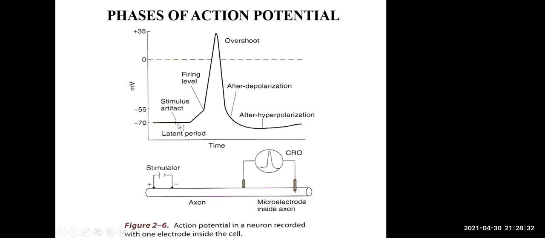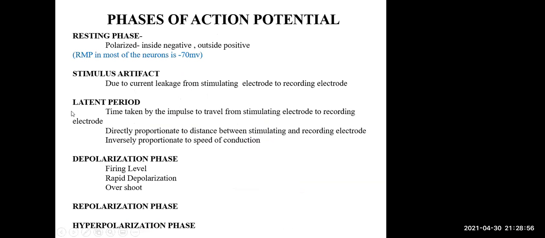Then after the application of the stimulus, there is the production of a local potential. What we call it is the latent period. Then you can find the action potential there, a full-fledged action potential over here. All right. We will discuss each and every phase of this action potential.